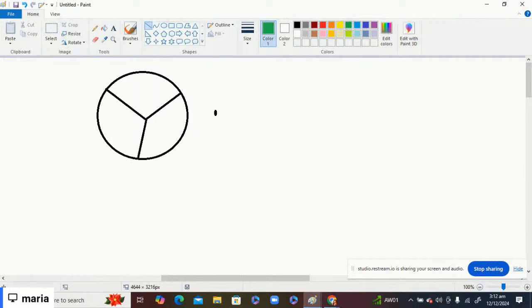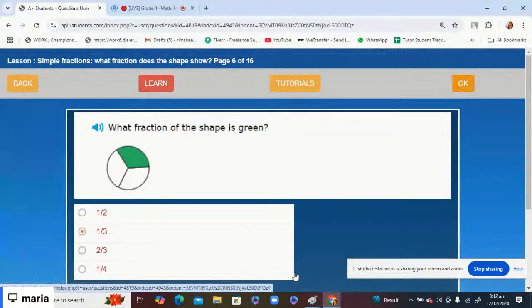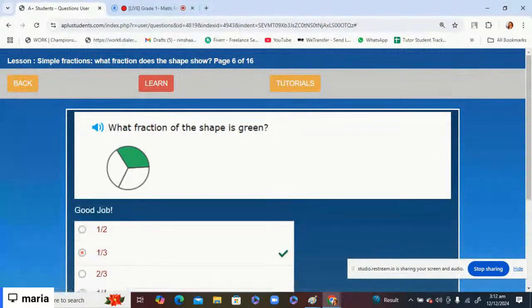And this one is the green. So first of all, we are going to write how many total parts. It's one, two, and three. This is three. And how many parts which is green? Only one. So 1 by 3 is your answer. Yes, this is the right answer.